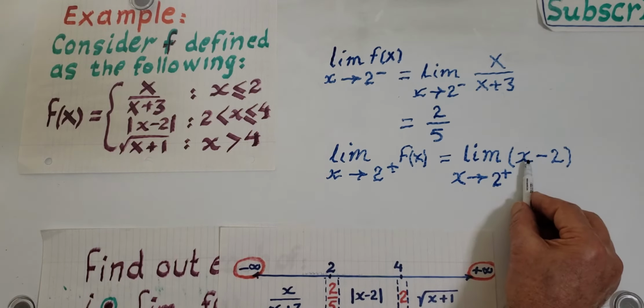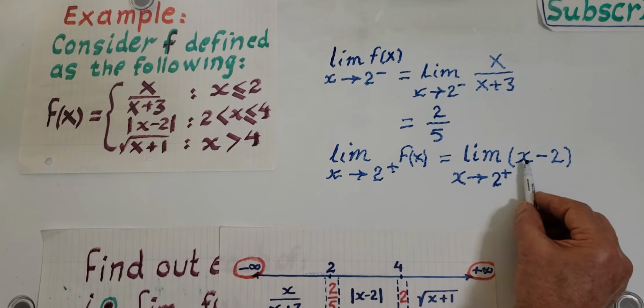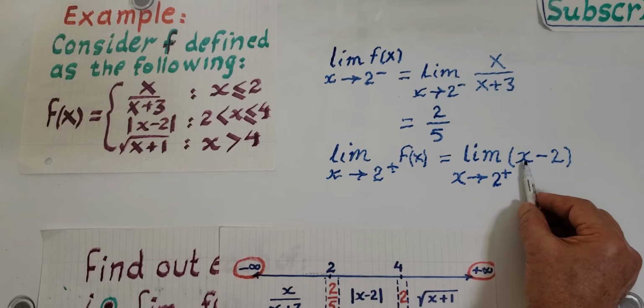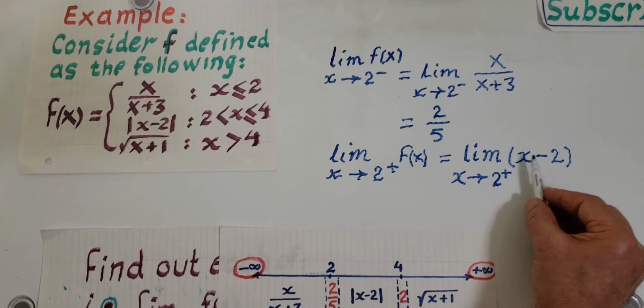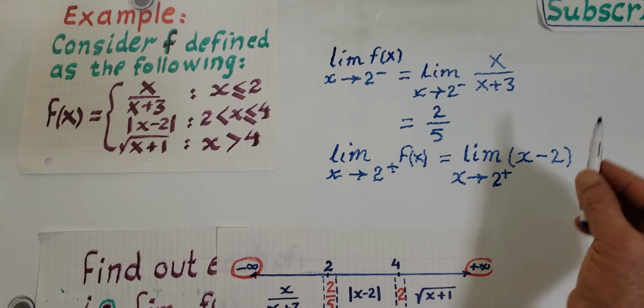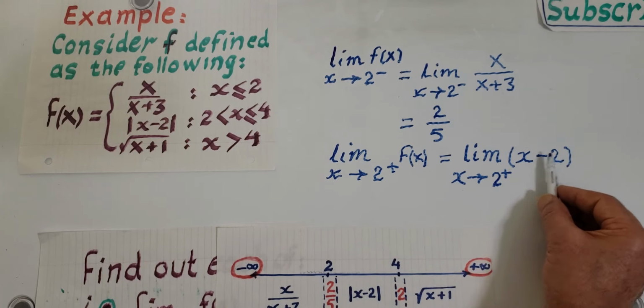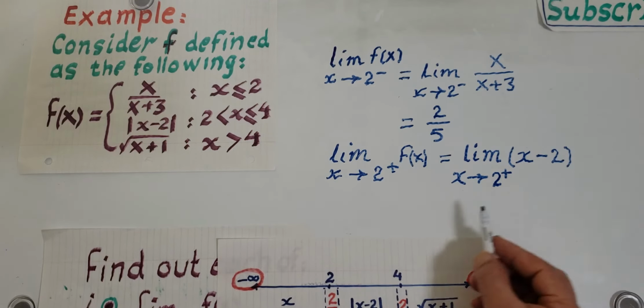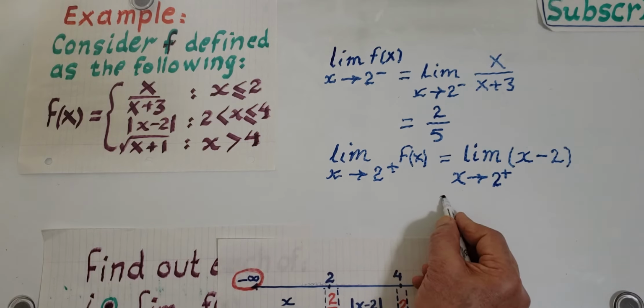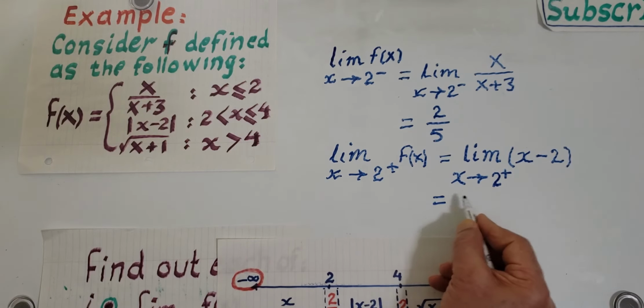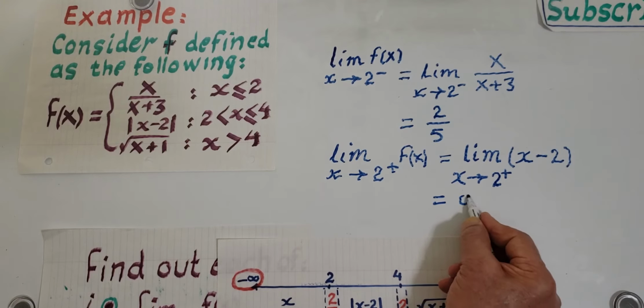When you substitute 2 minus 2, that means 0. 2 minus 2, that's 0.